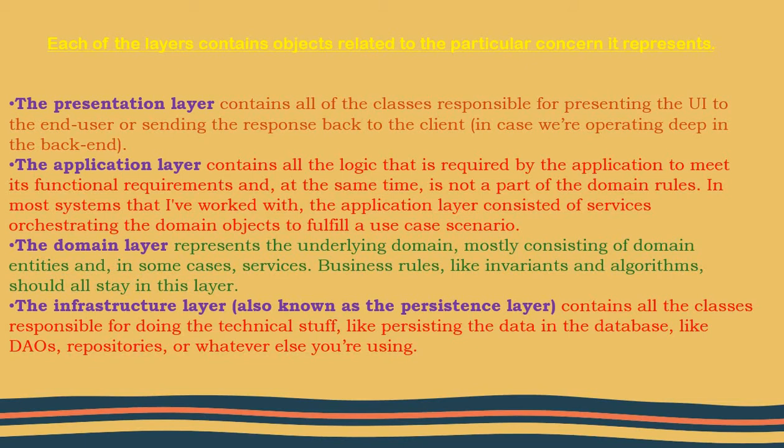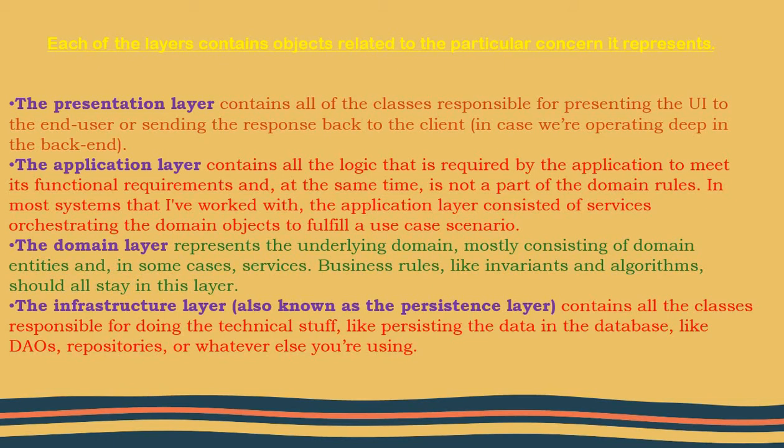Now domain layer: this represents the underlying domain, mostly consisting of the domain entities, and in some cases services also. Business rules like invariants and algorithms should all stay in this particular layer. Now I will move towards the infrastructure layer.